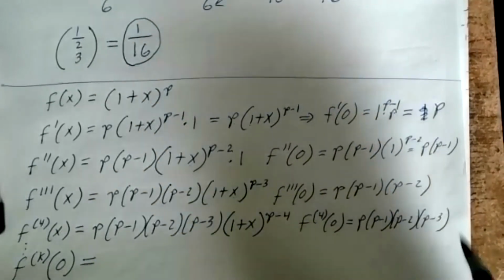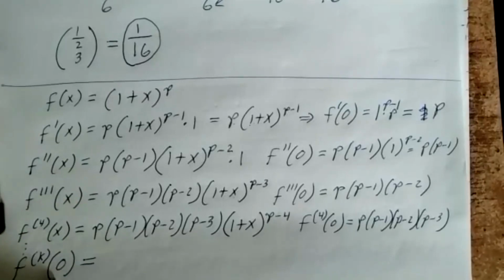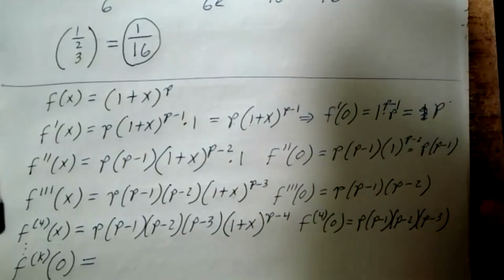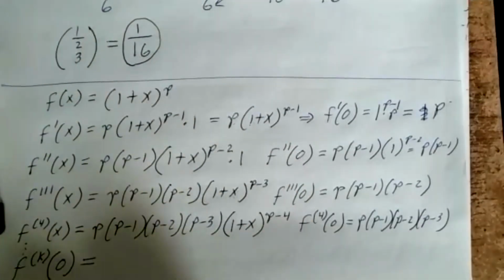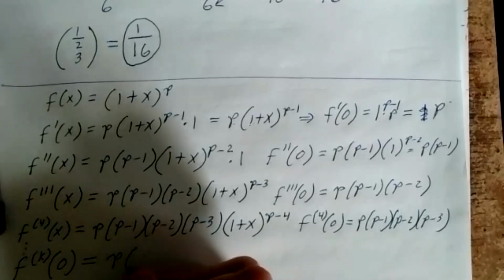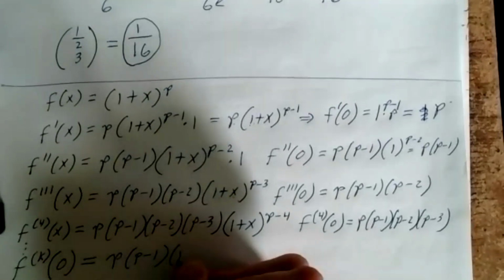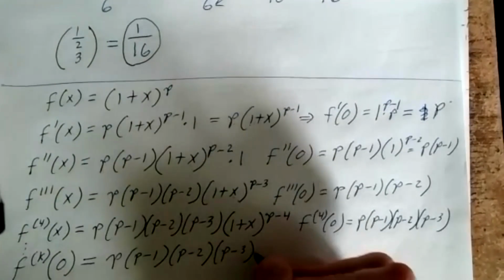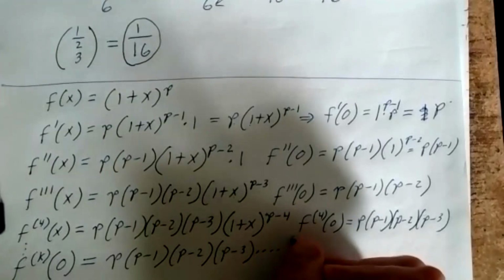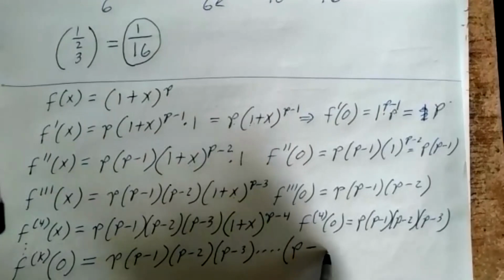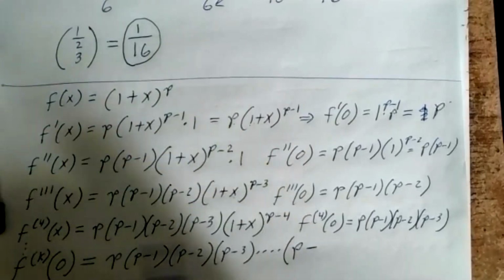Okay, so in general, the kth derivative evaluated at 0 is going to be p times p minus 1 times p minus 2 times p minus 3 times ... times our last factor, which is going to be p minus a number that's 1 less than the derivative.